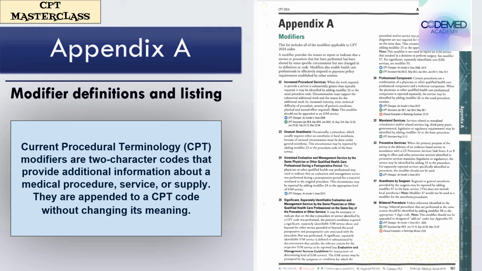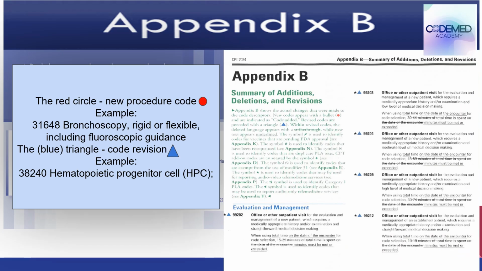So we write the CPT code, and in addition to that we write these two character codes to give some more information about that medical procedure. How to use this modifier and when to use this modifier, we will learn as we go ahead in this particular course.